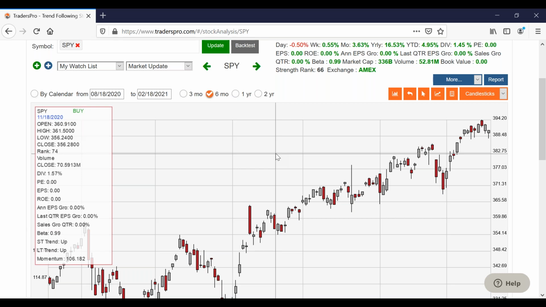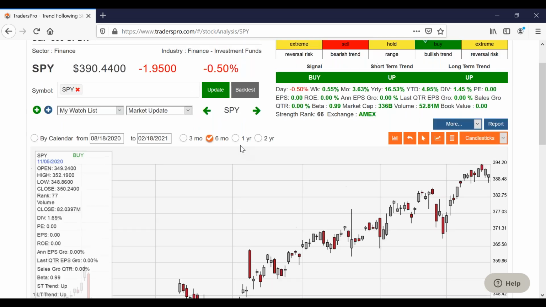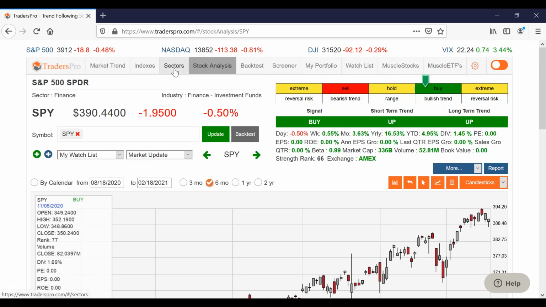But if you can recognize that behavior, it makes you a better trader to know when, hey, I don't want to be aggressively buying right here, because the market is acting sluggish, and usually when it's acting sluggish like this, you get a little bit of a sell-off or pullback, and you'll get a much better entry point if you're patient. All right, let's take a look at some individual stocks here.